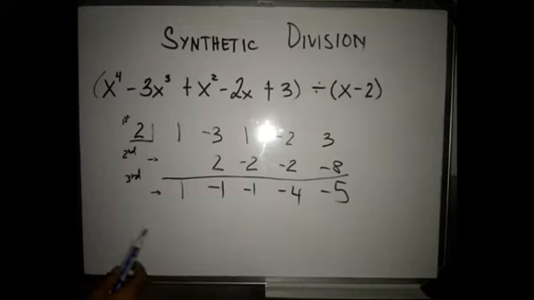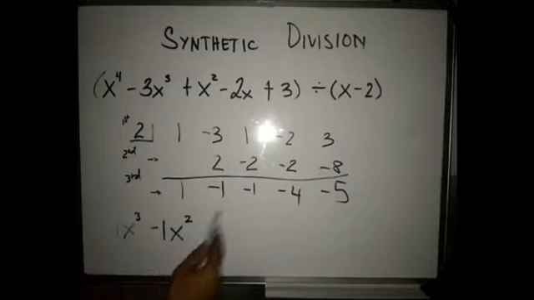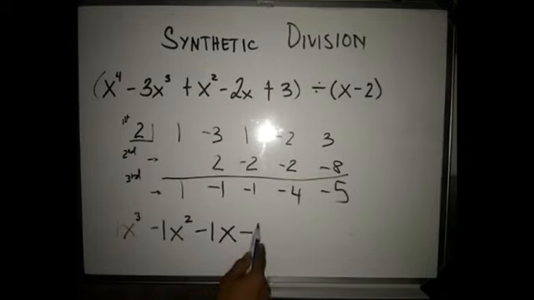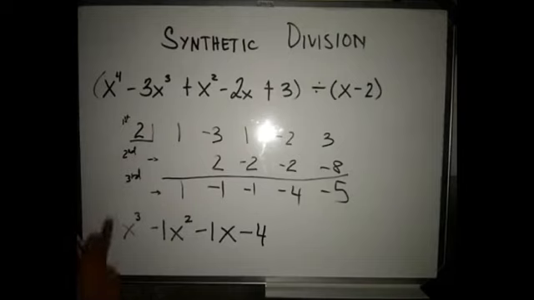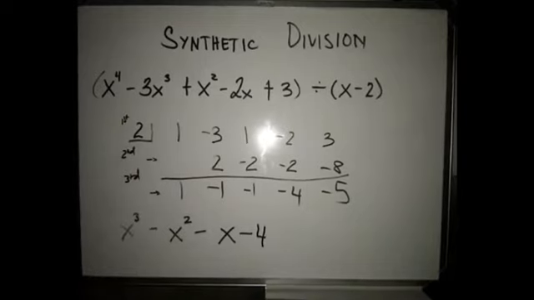So we have 1 x raised to 3 minus 1 x raised to 2 minus 1 x and minus 4. Pwede na natin tanggalin itong mga 1 dito kasi kahit hindi na natin yan lagay, it is understood na 1 yung mga nandyan.